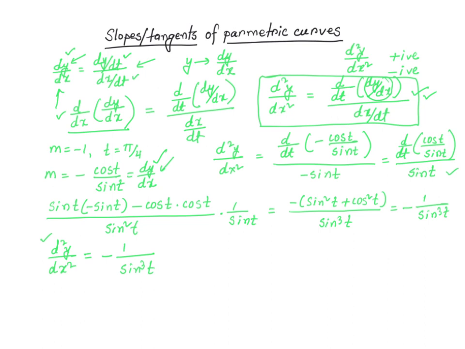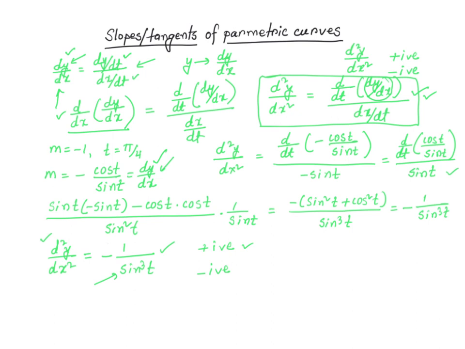Now, whenever this evaluates to a positive number, the parametric curve is going to be concave up. On the other hand, if you have a negative number, the parametric curve is going to be concave down. Now, when am I going to have a positive value for the second derivative? Whenever sine cube of t is negative.